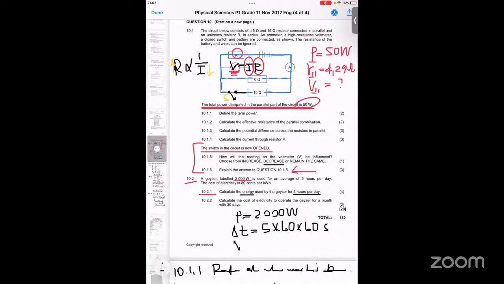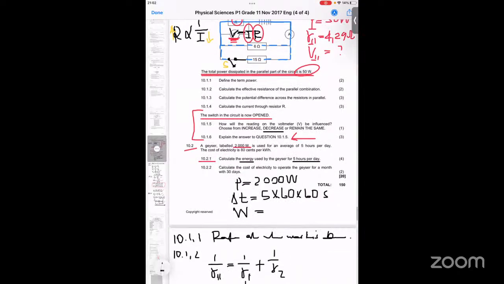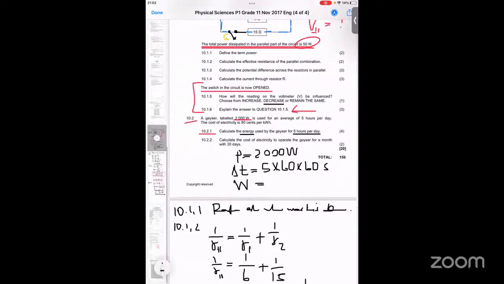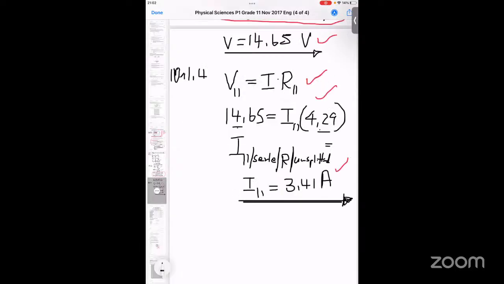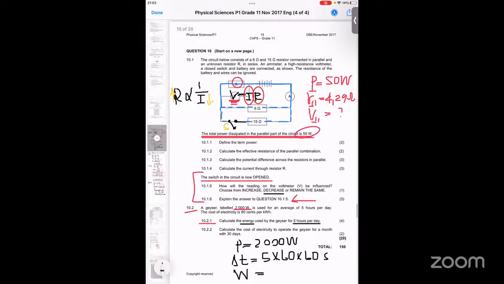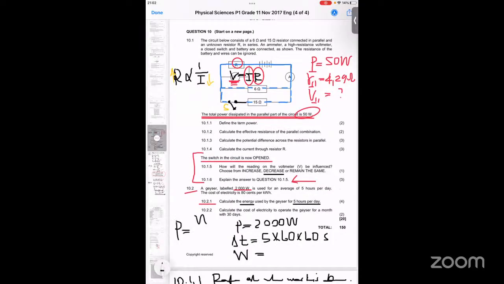Then what you are looking for is work. Then you check the formula that has power, work, and time. I think it's that one. Power is equal to work over time. Use that formula. That's how you will score yourself 4 marks on that question.